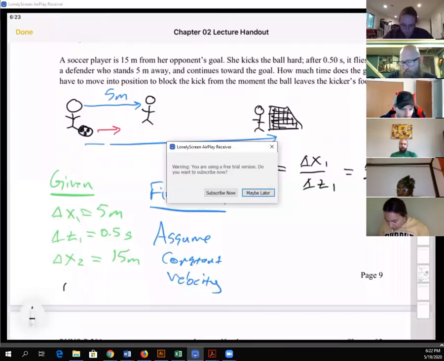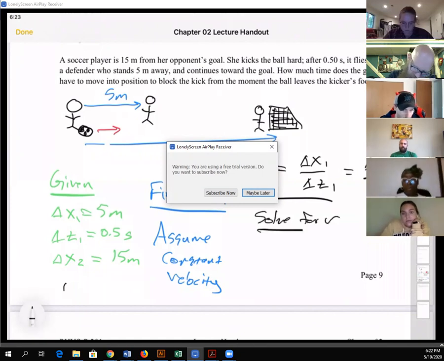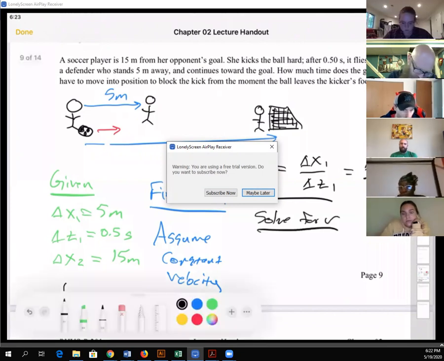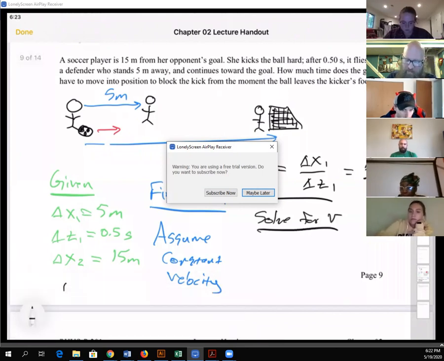You could do a cross multiplication, but that's not how I'm going to do it. I think I'm going to solve for velocity, and then we'll solve for that delta t2.